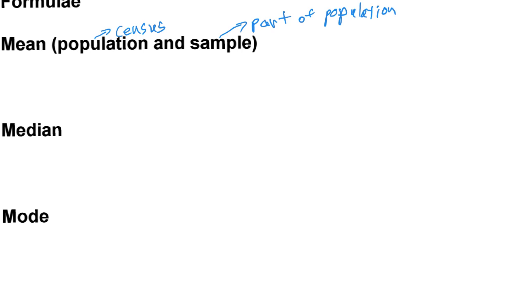Okay, so now let's discuss the actual symbols we use for mean for a population and then mean for a sample. So here's what we do. For mean, we use this symbol mu, okay? If you ever see the symbol mu, this is actually for a population.